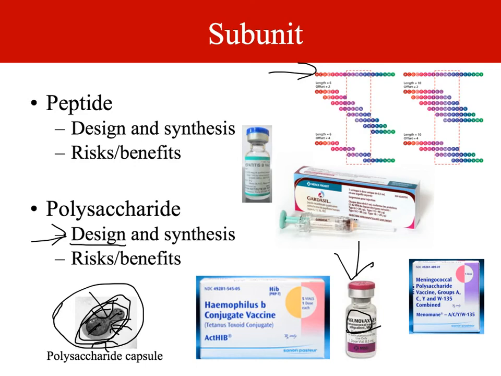So the design of these ends up being quite a bit of epidemiology. The synthesis of them is also a little more tricky than synthesizing peptides. It's biochemically harder to do. And so if you're interested in vaccines, and you being pharmacy students, I don't know if you are or you aren't, but there will be a lot of jobs for you if this topic interests you.